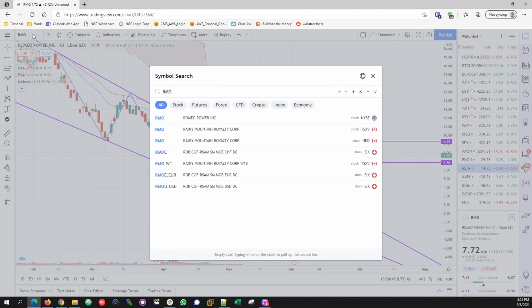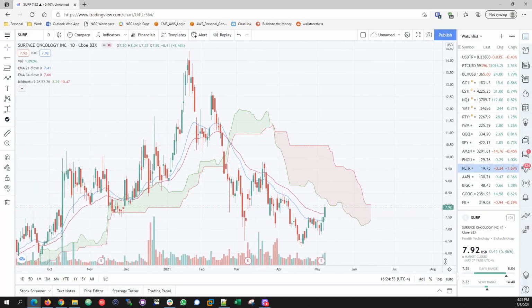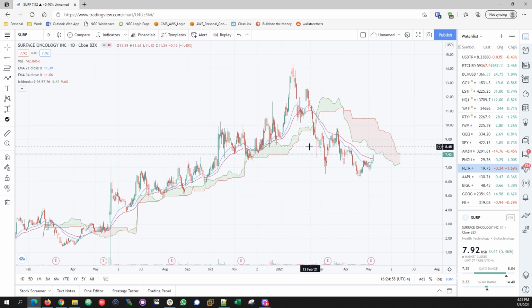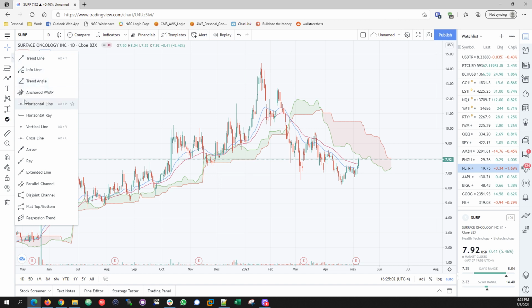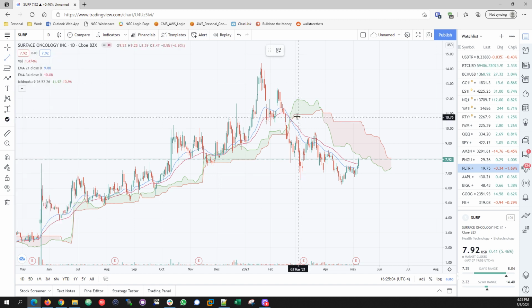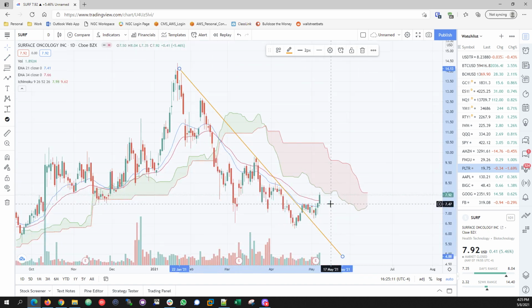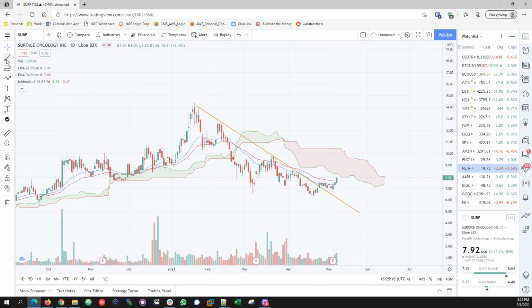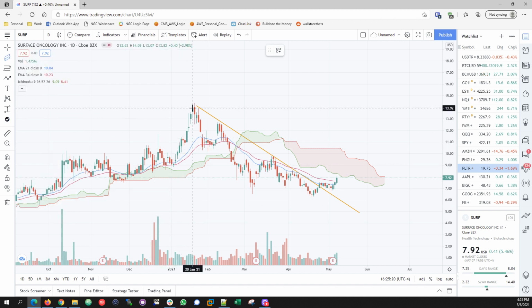Next up is SURF. So let's take a look at it. I'm not sure if I've charted SURF. I haven't. Again, I think this is a better chart than the last one we reviewed, which was RMO. I like this chart a little better because it seems like we broke the downtrend. Let's also do a regression.